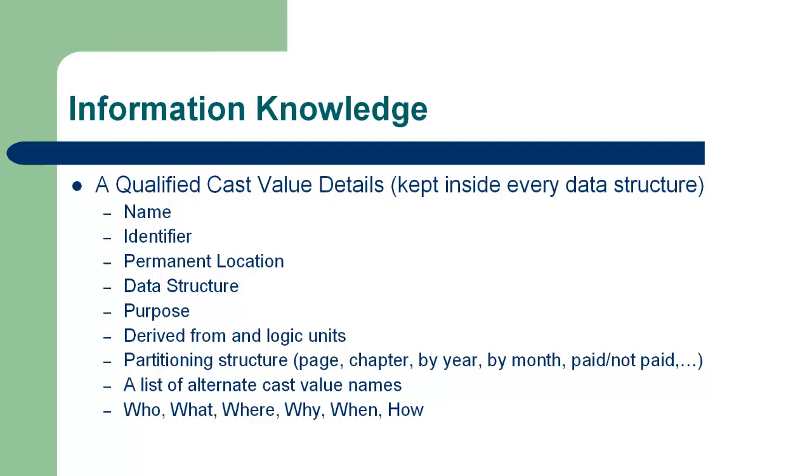We don't know what the application for the data is going to be, but if the data itself knows what it can or can't be, that would be nice. And then we also want to know who created it or modified it, and the what, the where, and the why, and when, and how.